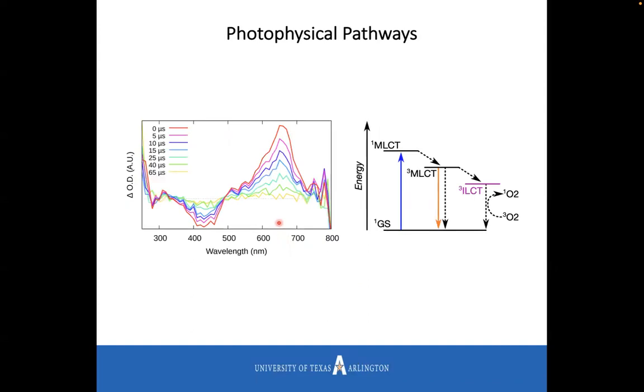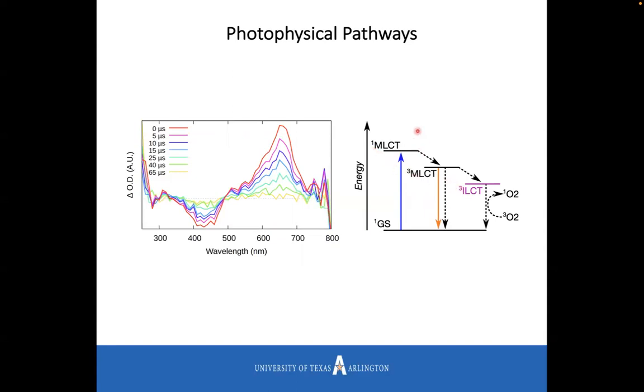transient absorbance spectra of the molecule. Here, on the left side, you're looking at a transient absorbance spectrum of a ruthenium molecule containing 4 thiophene residues, which is the highly pi expanded molecule. Using this TA spectrum, we determine the lifetime of the intermediate triplet excited states of the photosensitizer.